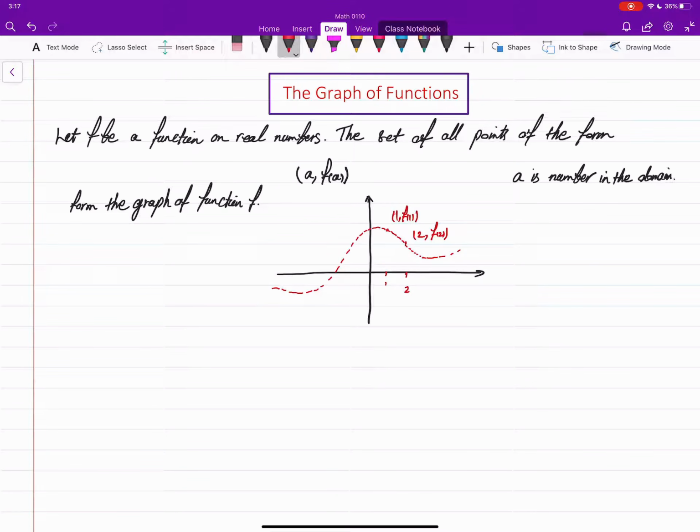And in our case, we will be able to do sketching of easy functions.